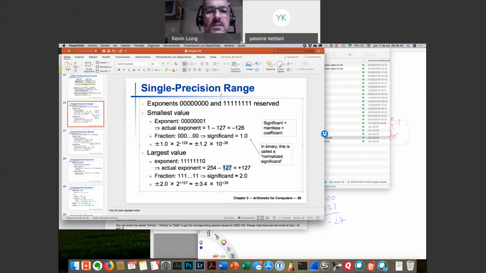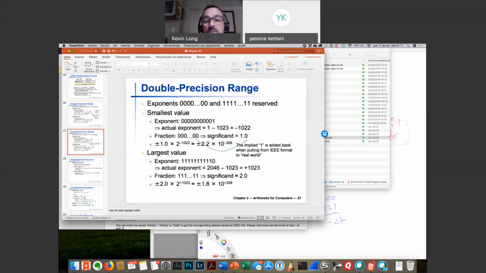Single precision floating point, at the time they developed this standard, meant a 32-bit computer. So if you're dealing with a 32-bit word and you're trying to put a floating point number into it, you're going to use 127 as your bias. Take the actual decimal exponent, add 127 going into the binary representation, and subtract it when you're coming back out again. Double precision, it's 1023.